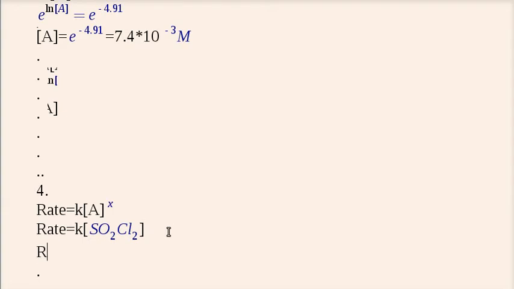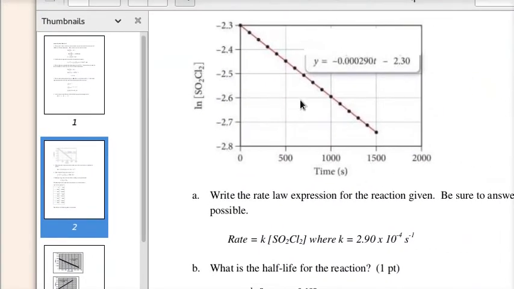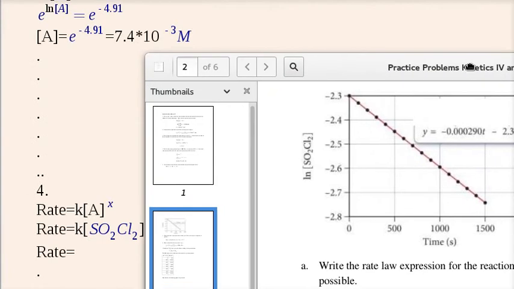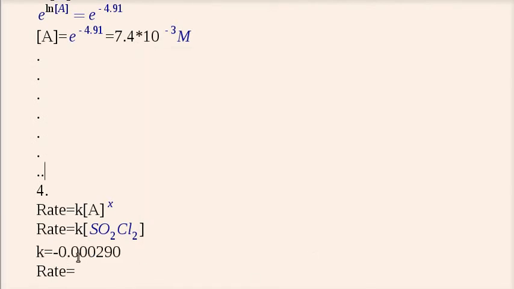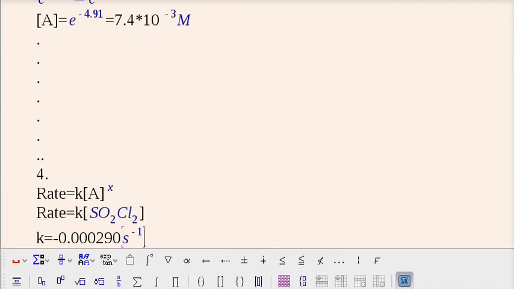Now, what about that K? Do we know what K is? Yes, on the graph. This thing right here, negative 0.0 blah, blah, blah, without the T, is K. So this is K. The units, since it's first order, would be seconds to the power of -1. It's not shown here.